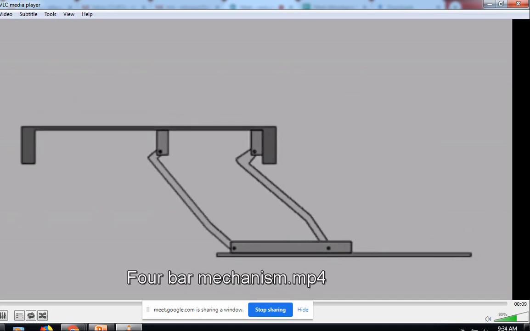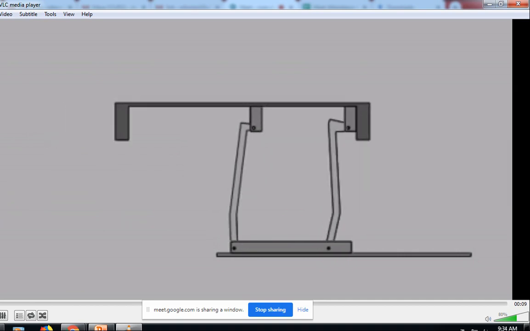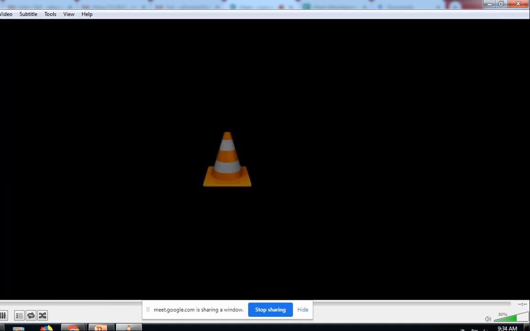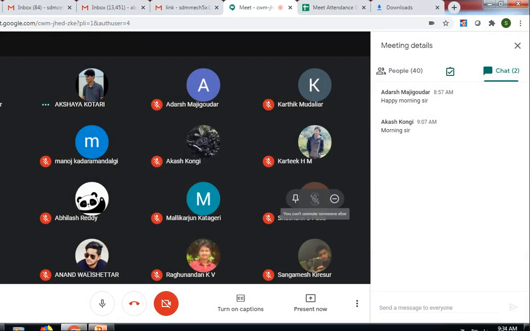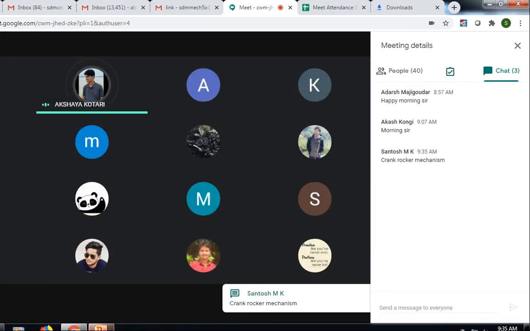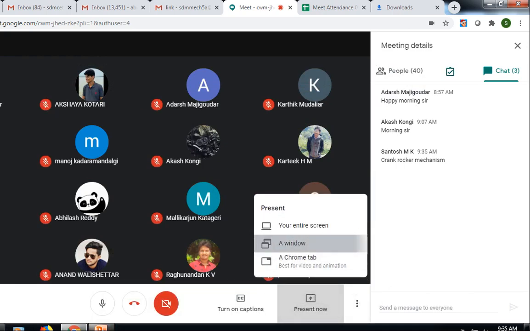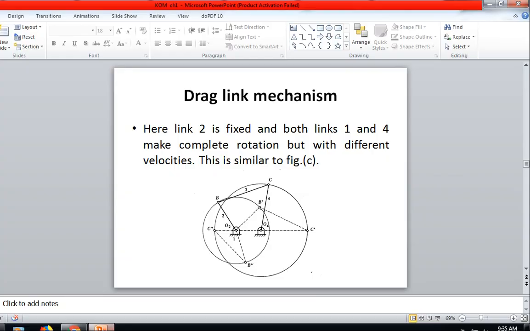Double rocker mechanism. So it's crank rocker mechanism, sir. Crank rocker mechanism. Okay, just present it once again, just see the presentation screen.